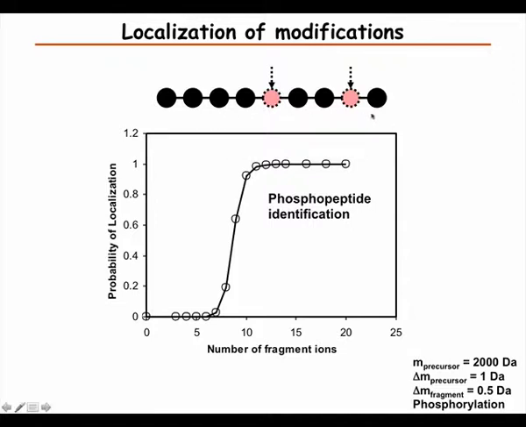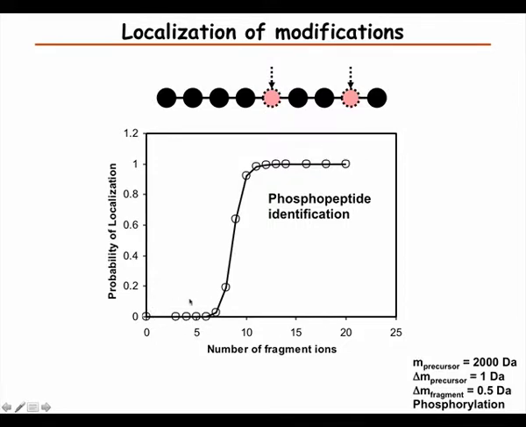This shows just a simulation of a case where we have a peptide with, in this case, 9 amino acids, and there are 2 possible sites that are phosphorylated. So in this simulation, what we did was we randomly selected fragment ions from the peptide sequence, and then we select a different number of sequence fragments.